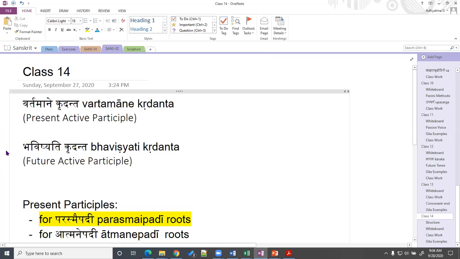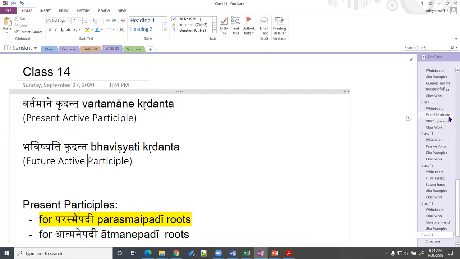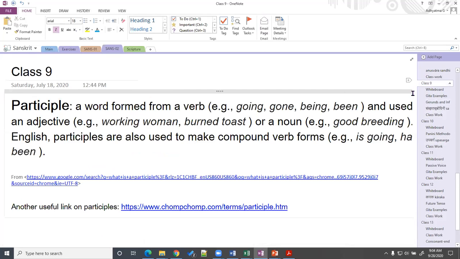So today we'll study present active participle and future active participle. So participle, if you remember, I explained that day that a word formed from a verb and used as an adjective or a noun. That is the general definition of a participle.